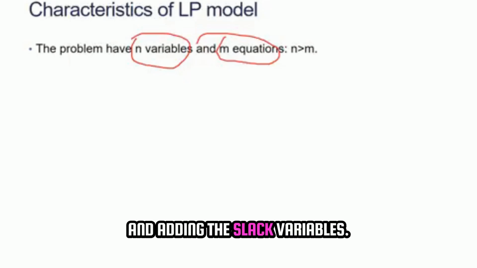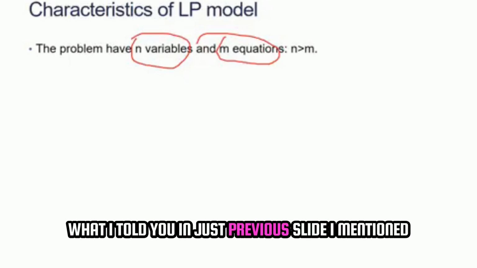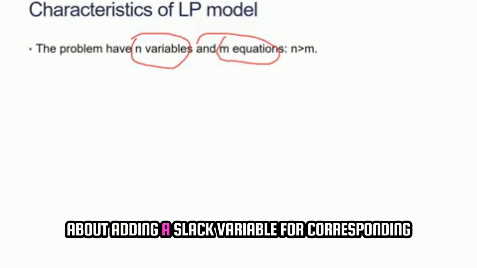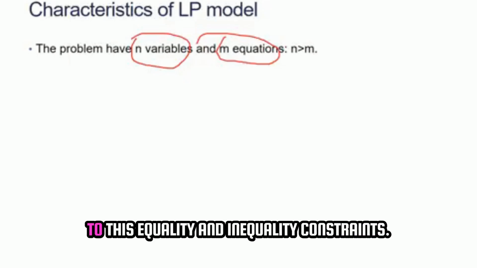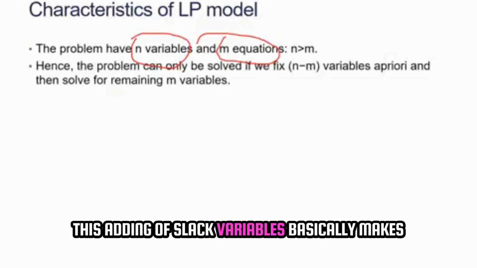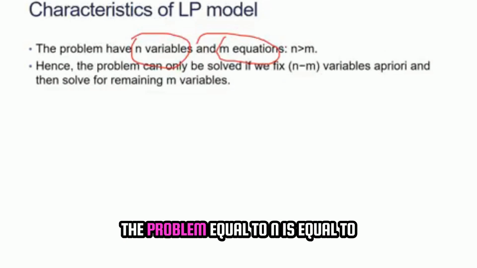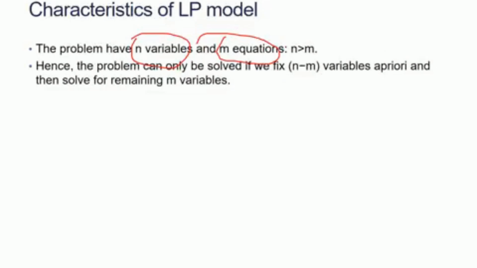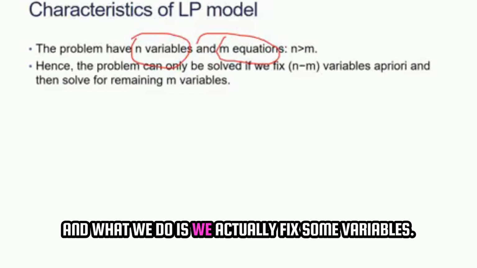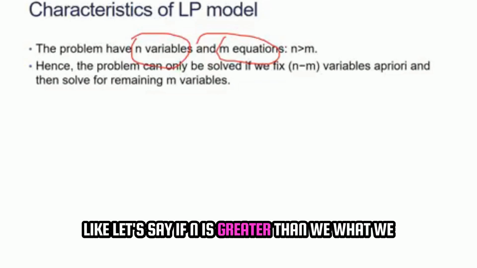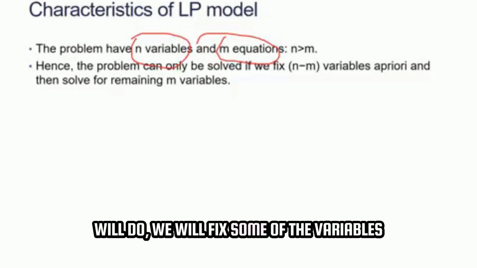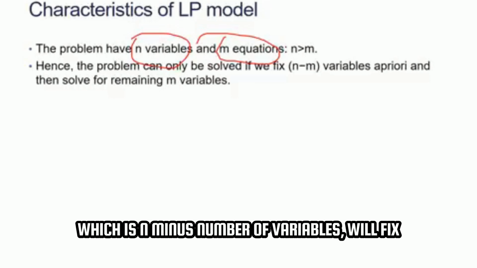And adding the slack variables, what I told you in the previous slide, I mentioned adding a slack variable corresponding to the equality and inequality constraints. This adding of slack variables basically makes the problem n is equal to m. And what we do is we fix some variables. Let's say if n is greater than m, we'll fix some of the variables, which is n minus m number of variables.